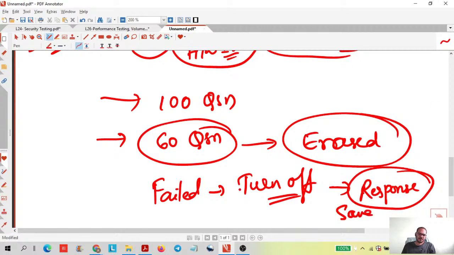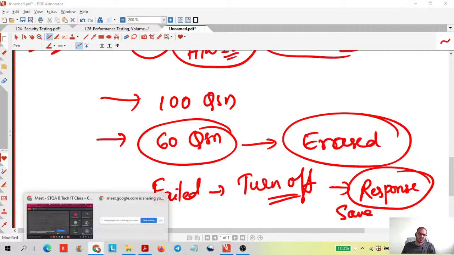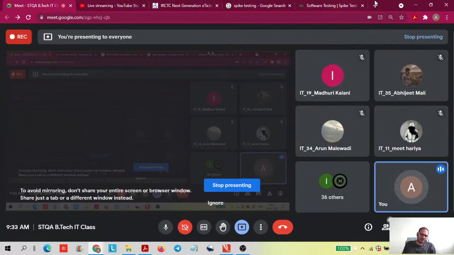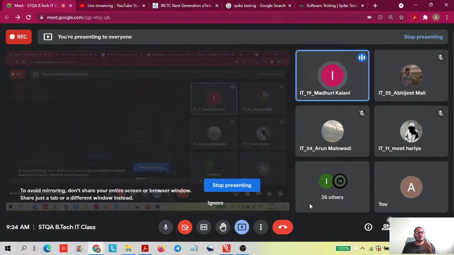I think this option is there, no? Suppose anyone's laptop turns off, and you restart again within 5 minutes, I think the answers will be saved, right? Yes, Madhuri. Yes, sir. A timing of 20 minutes is given for resume.